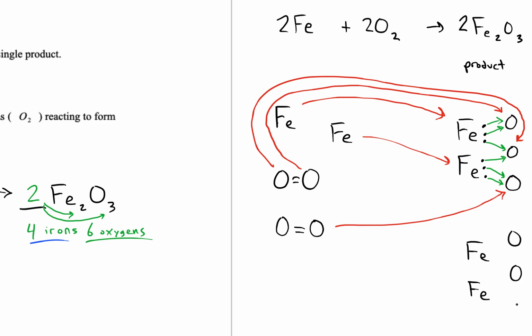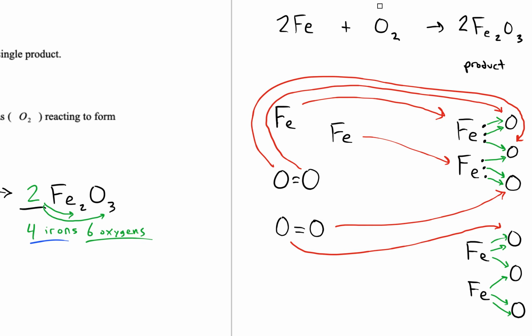So we'll have to bring in 2 more irons and 3 more oxygens. All right, now our oxygen here has somewhere to go. But we see that we still need 2 more oxygens.